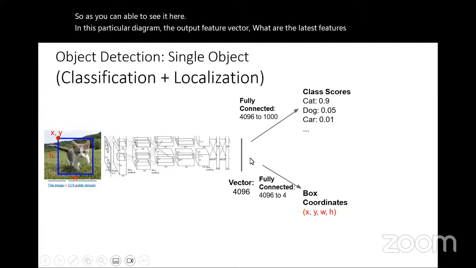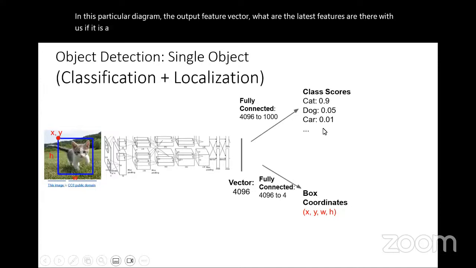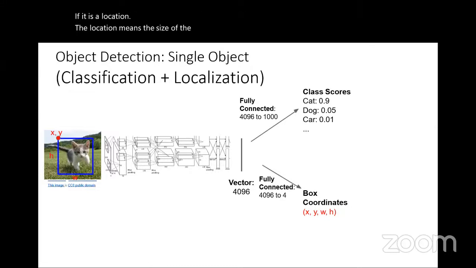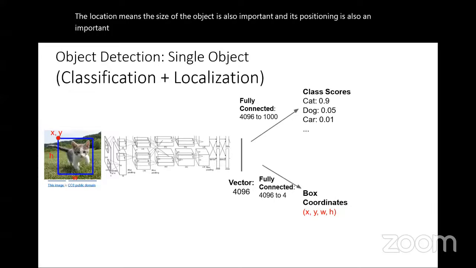If it is classification, we pass it to the softmax function. If it is location, the size of the object is important and its positioning is also important. As you can see in the left side image, there is a blue bounding box. The blue bounding box has 4 values.